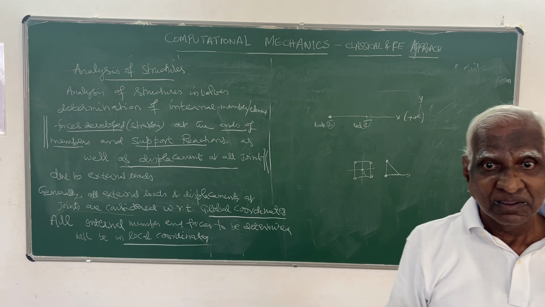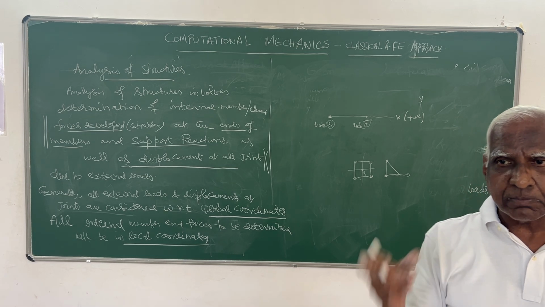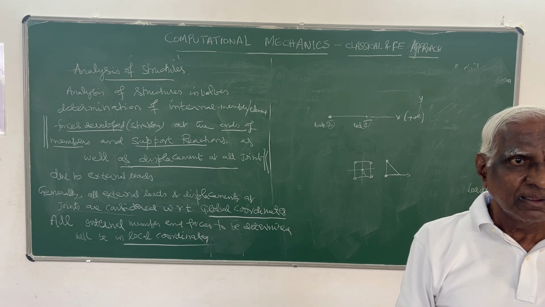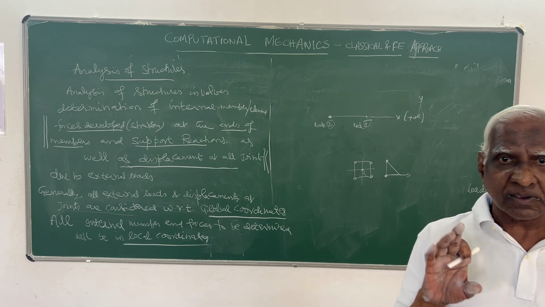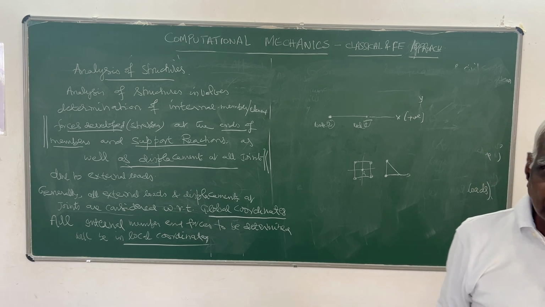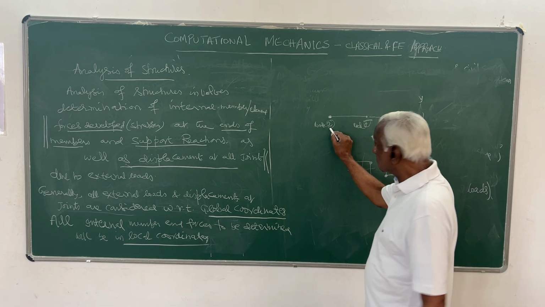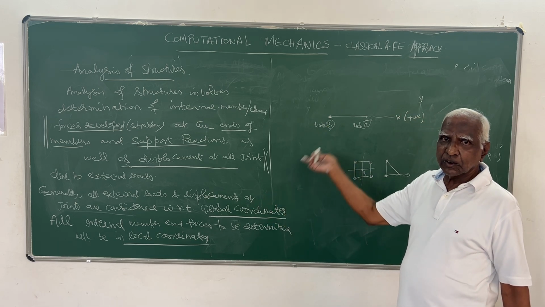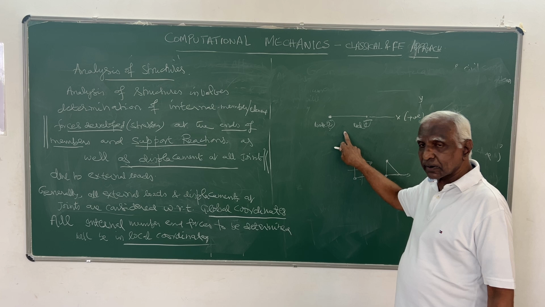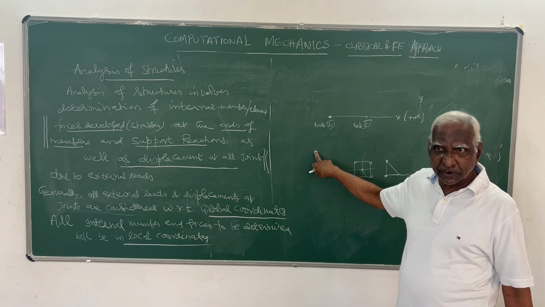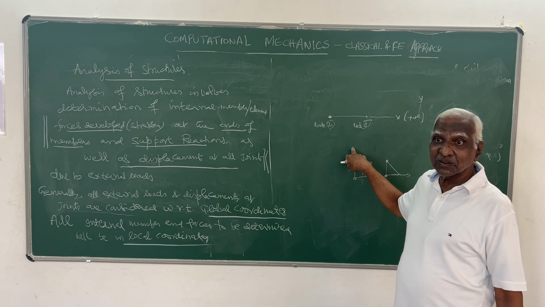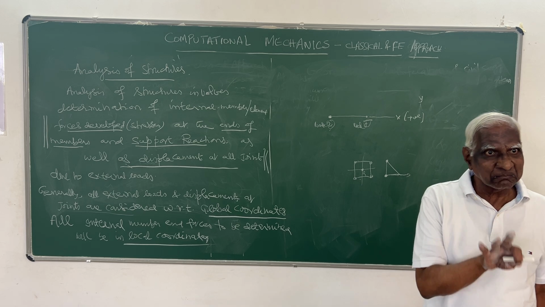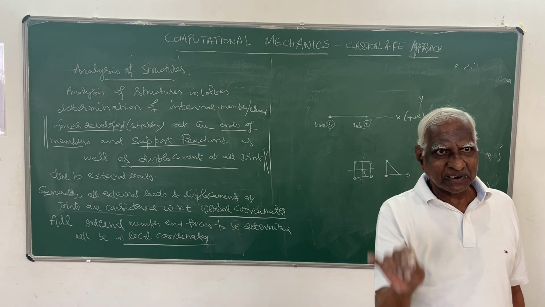That is, because force and displacement both are vector quantities, we have to give importance for sign, direction. So always choose this by giving the joint information. You have to see for each member which is node I, which is node J. You have to define joint information.